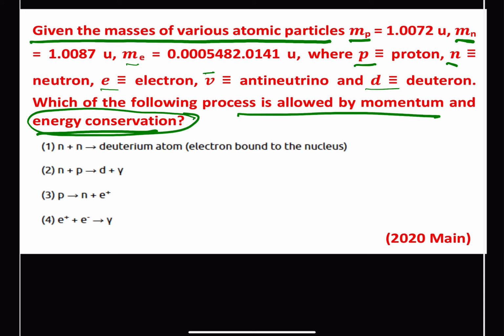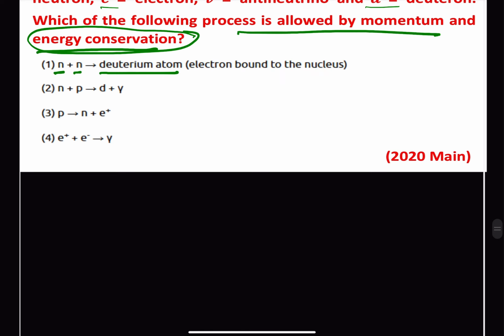More or less we can make an approximate guess based on our energy conservation. First is n plus n going to give us a deuterium atom. Let us take this as option number 1.